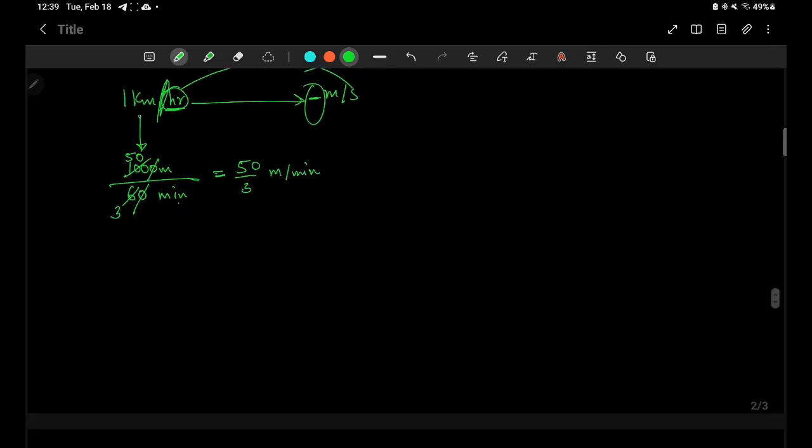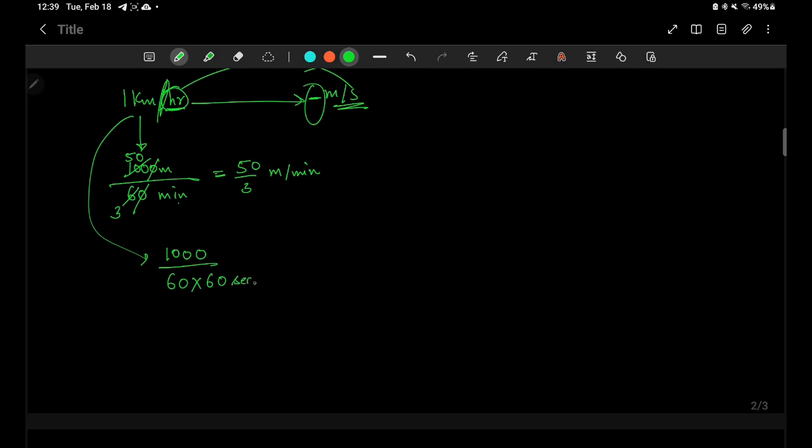Now let's say I want to convert this. I want meter per second here, not meter per minute. So what I'll do: 1000 divided by 60 minutes is already there. I want to convert this into seconds, that's all. 1 minute is 60 seconds.